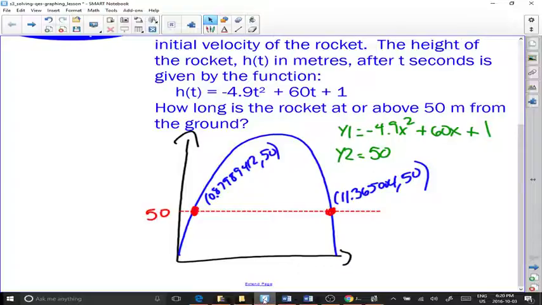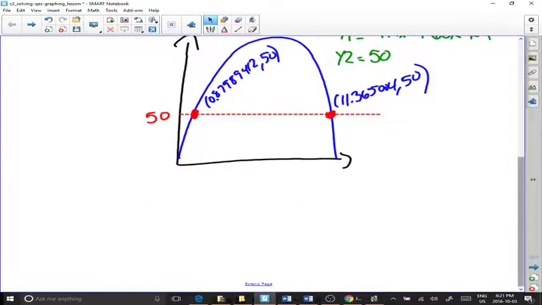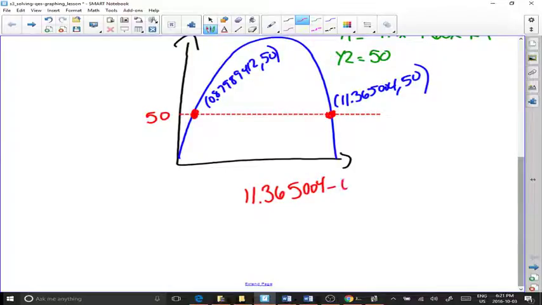So those are the two times: the time when it's coming up and the time when it's coming down. So to find out how long it's in the air at that height, we're going to take 11.365004 and subtract 0.87989412.